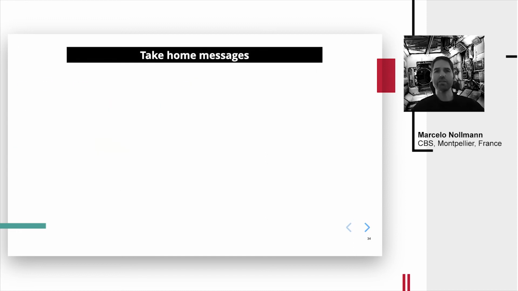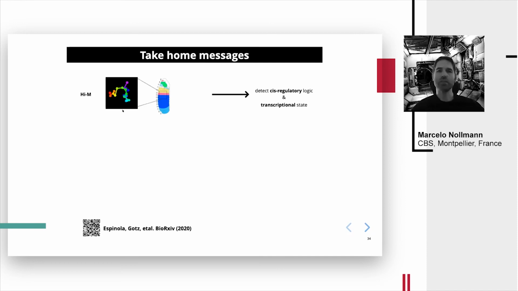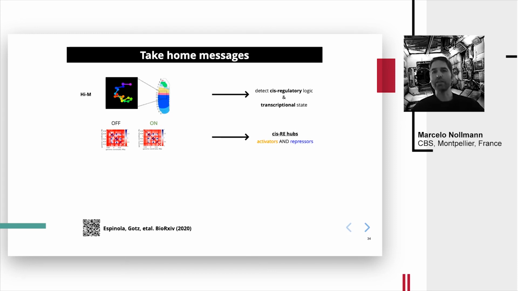So I get to the take-home messages slide. I have shown you that we have developed a technology that allows us to detect cis-regulatory logics and transcriptional state in single cells with spatial resolution. We have used this technology in order to see that we observe cis-regulatory hubs with both activator and repressor elements.